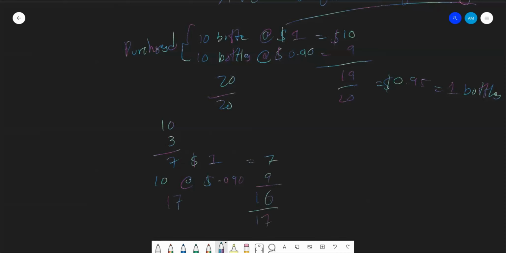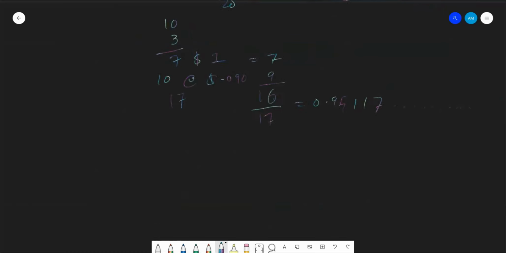How much is that? 16 divided by 17 is 0.941, and so on, right? So you say the average cost is decreasing.